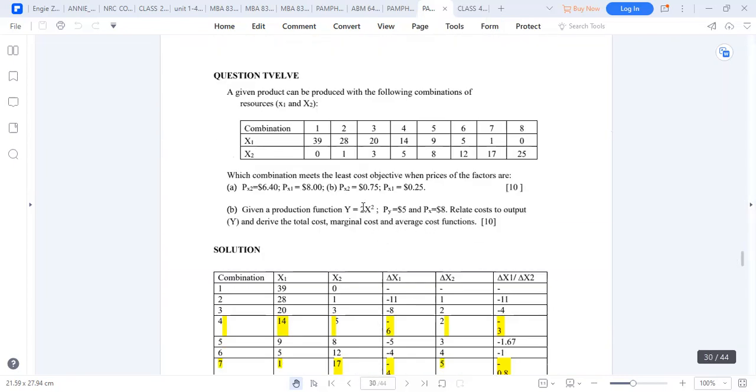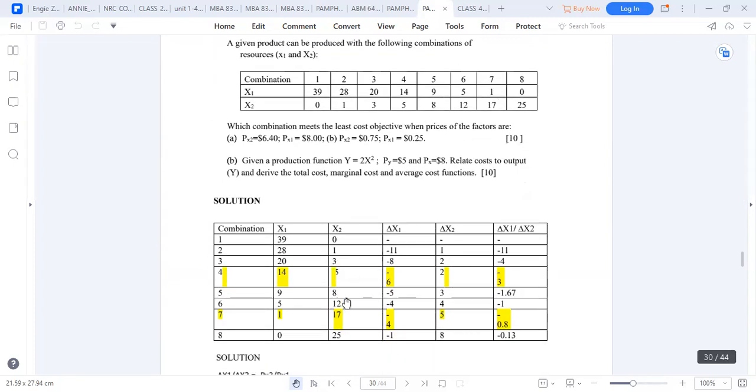I'm going to have the values of X1 from 39 down to 0, and values of X2: 0, 1, 2, up to 25. Then we'll find the changes in each of them. This is the change for labor, the X1 input.